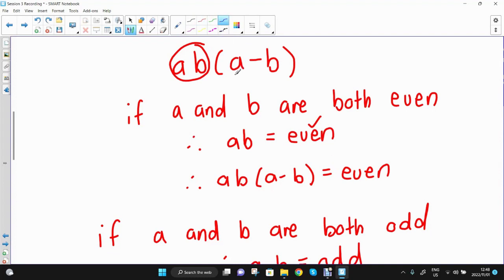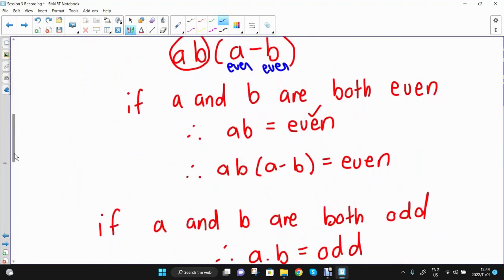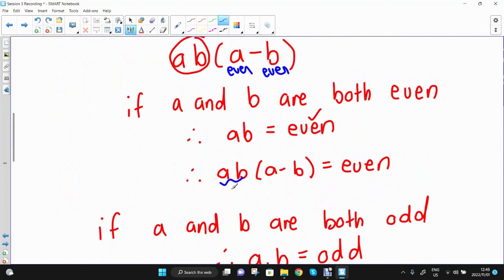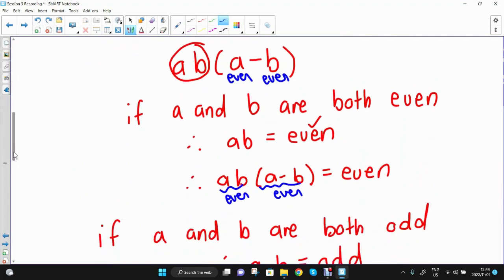We also know that if this is even minus even, that must definitely give us an even as well. So you then have an even there times an even there, and 2 evens multiplied will give you an even number.